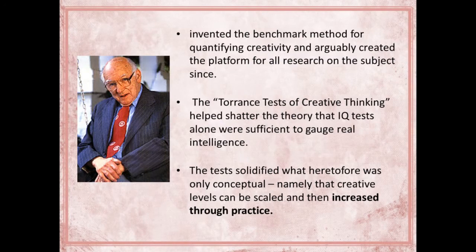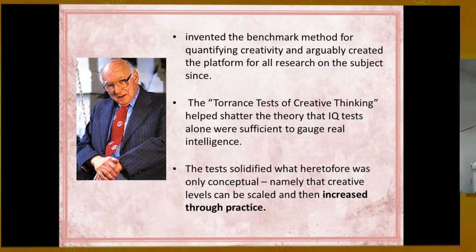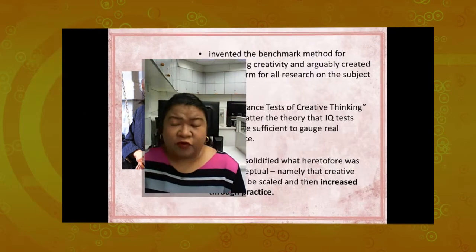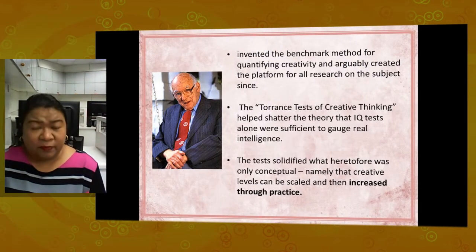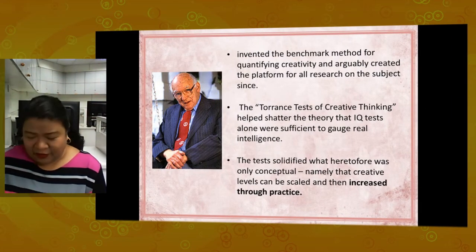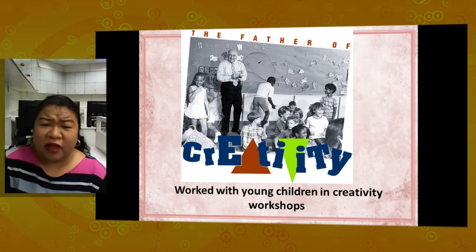And he invented the benchmark method for quantifying creativity and also had a Torrance test for creative thinking. That is why what we will discuss is the four components or criteria of creativity that he contributed to the field. Okay, and he was really beloved.